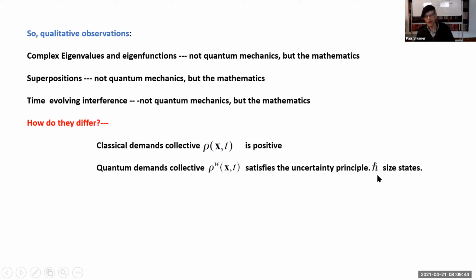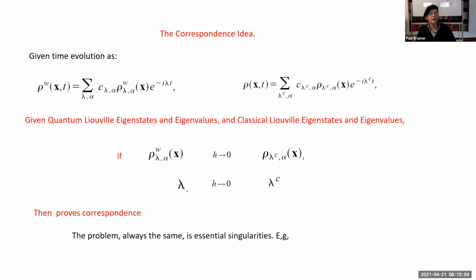So you can think of this as, here you have this Hilbert space of functions. In this Hilbert space of functions, classical mechanics picks out ones that it likes that are positive, and quantum mechanics picks out ones that it likes that satisfy uncertainty and conditions on the size of the states. So this was my idea, but you'll see I couldn't carry it out without Wilkie.